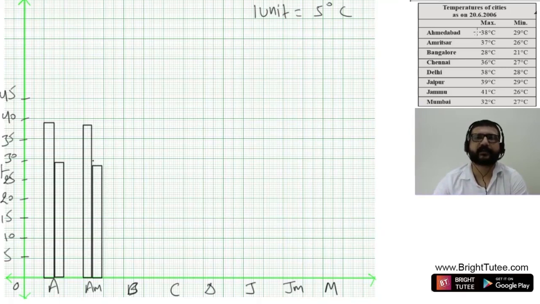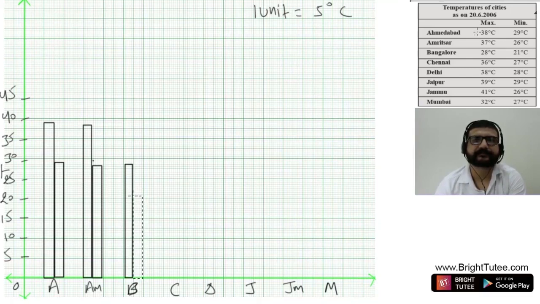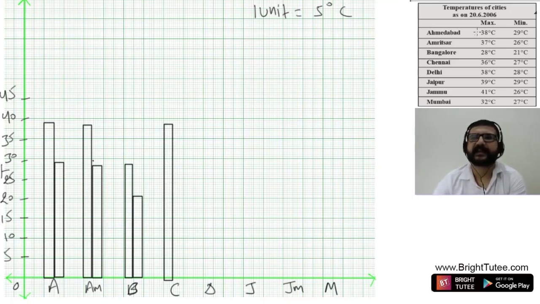And then we have Bangalore. The maximum was 28 and the minimum is 21. So for the maximum we will get the bar as this and the minimum is 21, so it will be like this. And for Chennai we are having 36 degrees Celsius, so it will be like this, and the minimum is 27, so it will be like this.